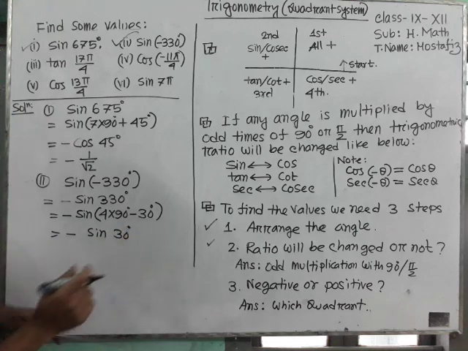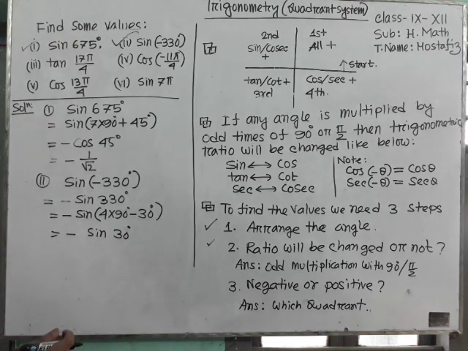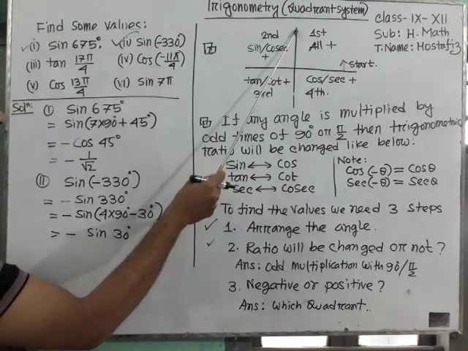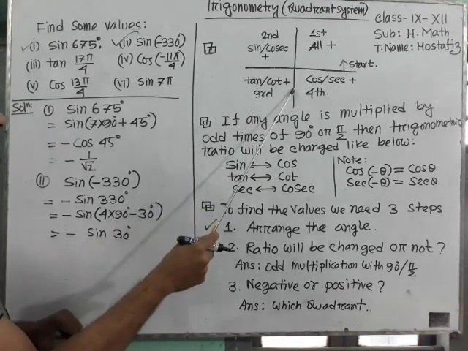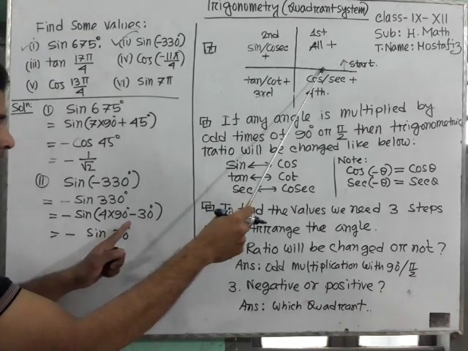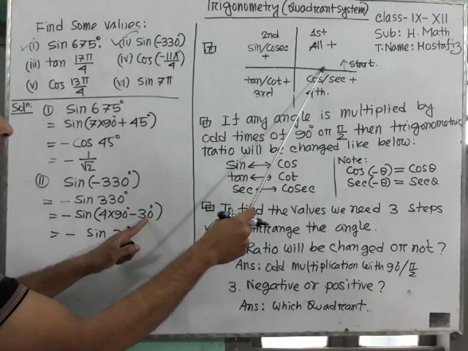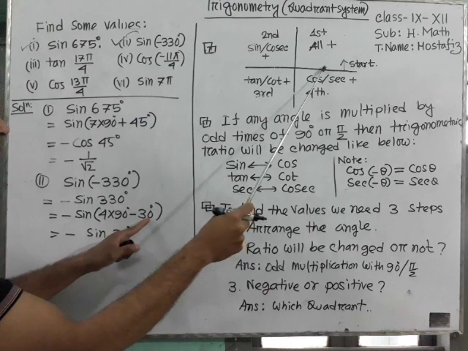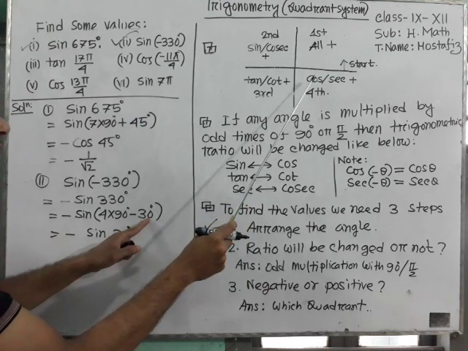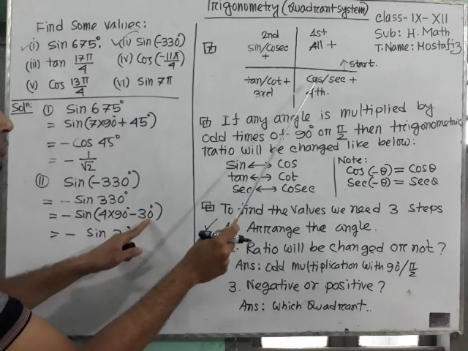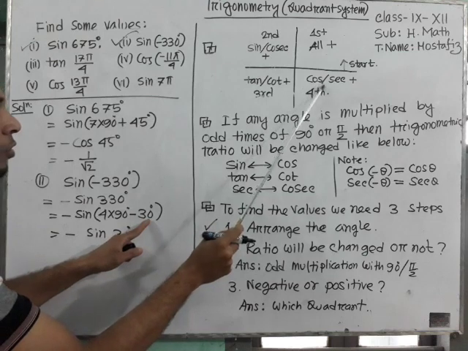Now come to the third step, whether it will be negative or positive. We can see 4 into 90 degree, that is 1, 2, 3, 4, but minus 30 degree, so it will come back. So it will stay at the fourth quadrant, that is the cos quadrant.